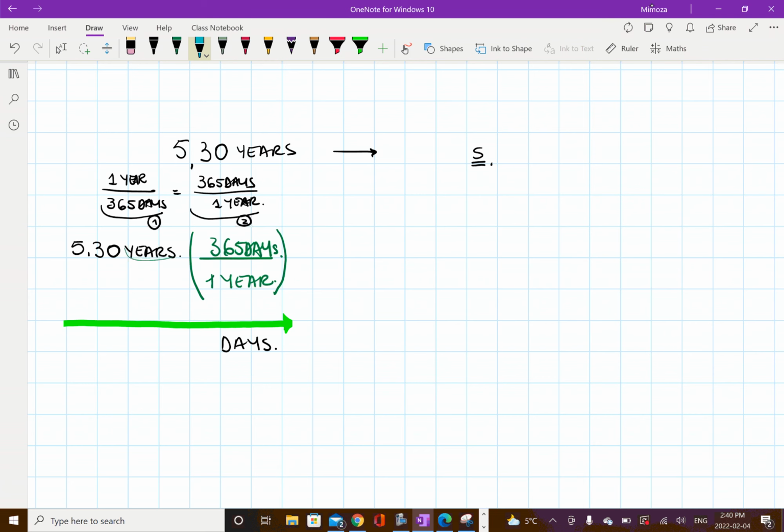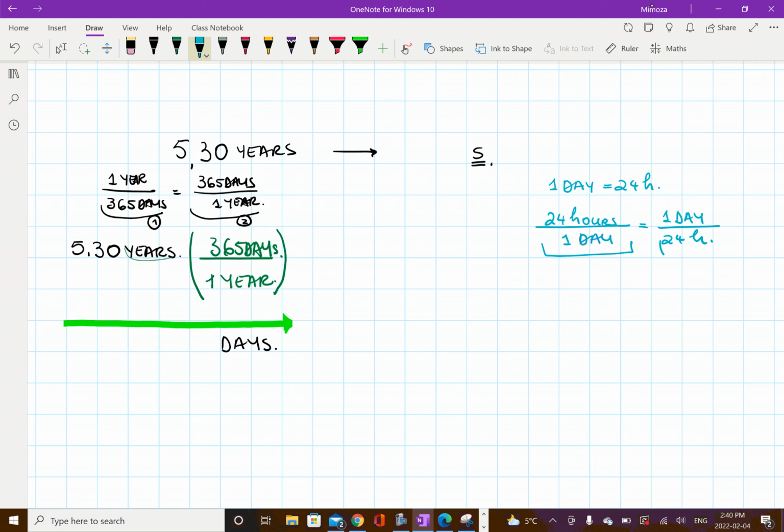Now the ratio that we have for hours is that in 1 day we have 24 hours, which when we express it as a ratio will be 24 hours is 1 day, or 1 day has 24 hours.